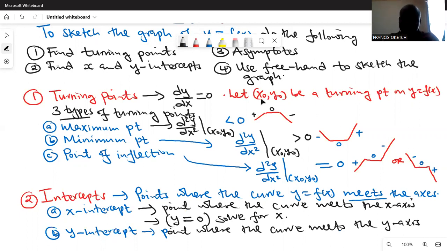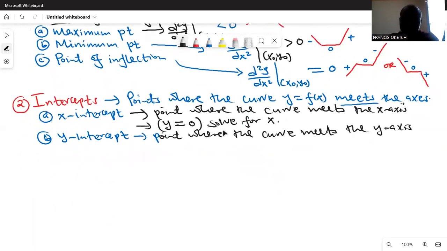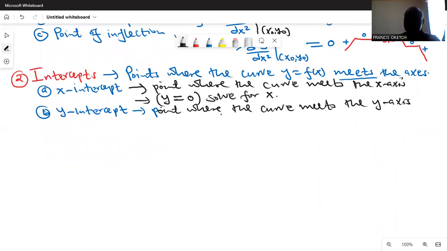And so along the y-axis, you know x is 0. So when you want to find the y-intercept, you put x equals 0 and then solve the resulting equation. So in this case, x must always be equal to 0, and we need to solve for y. So that's all about the intercept.